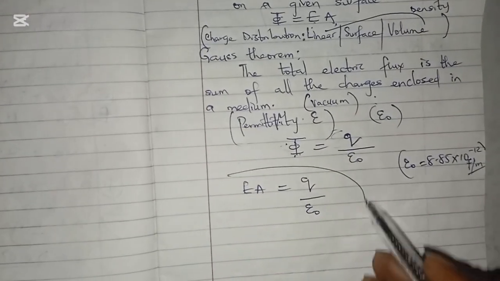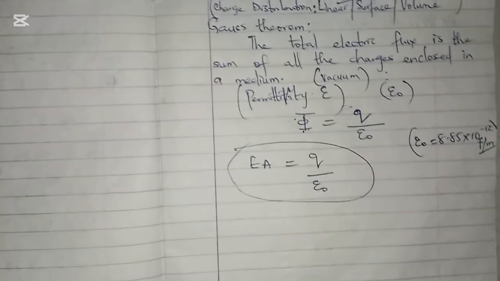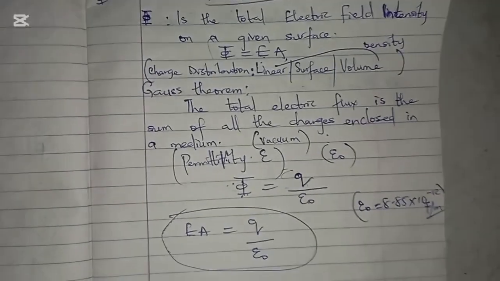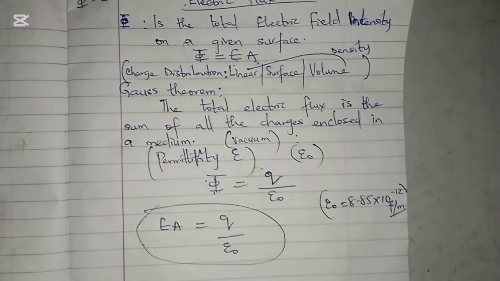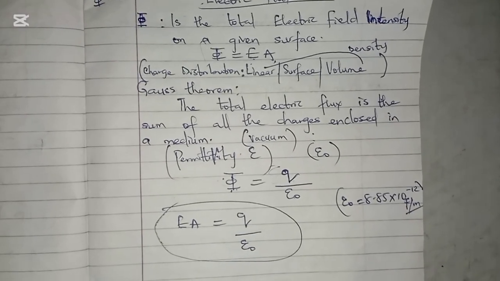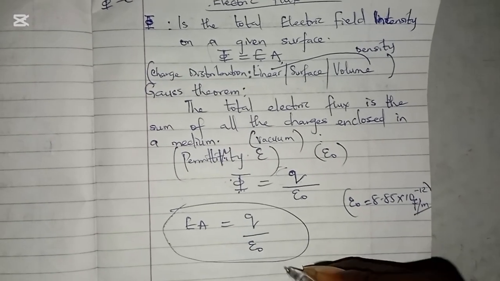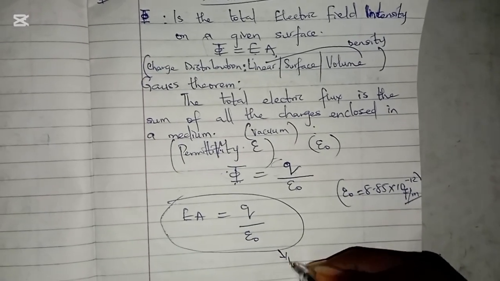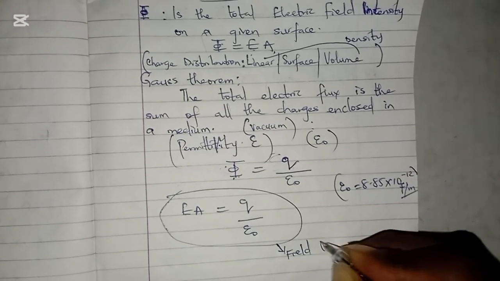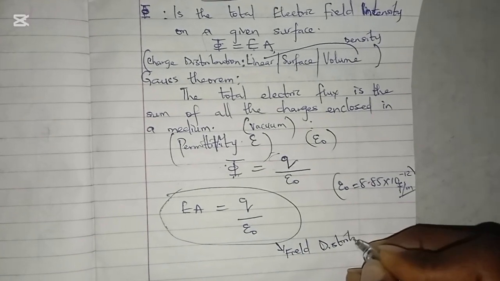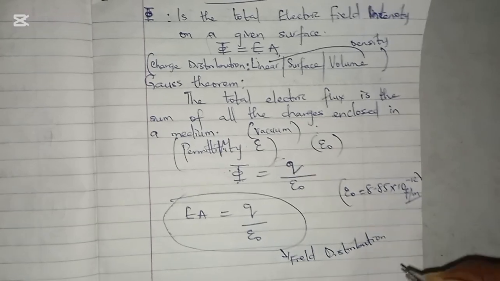So this is the theorem we normally make use of whenever we want to find electric field, considering field distribution. And I told you that field distribution has to do with what area it is.